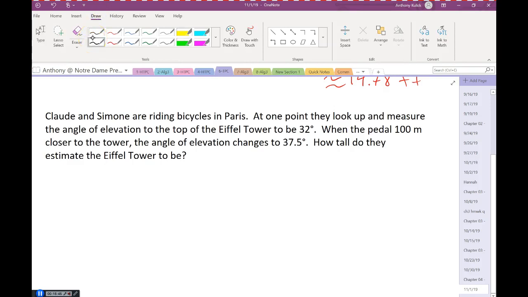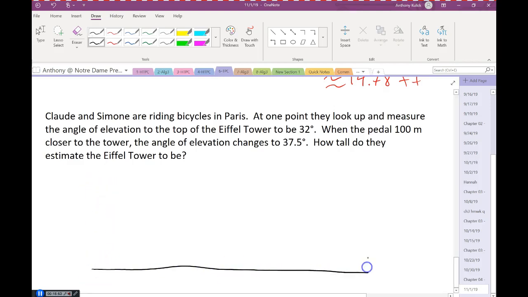So again, I'm going to start by drawing a picture. So we have our people on our bicycle here. And then we have the Eiffel Tower. So the first time we do this, it's 32 degrees.